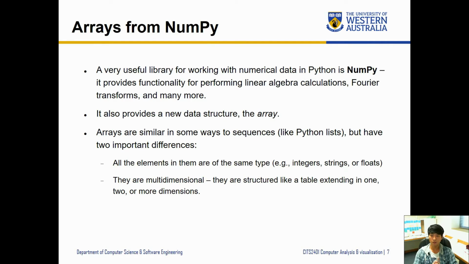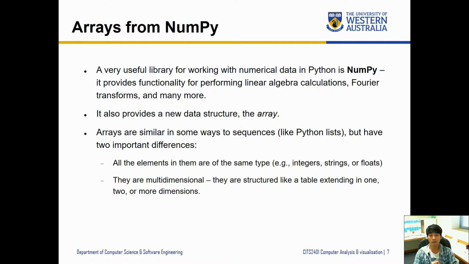Here, this one is specific for a single data type. And if you put in multiple data types, for example, integers and floats together, it will try to convert the data types that are not the same into the same one. So for instance, all the integers will be turned into floats.